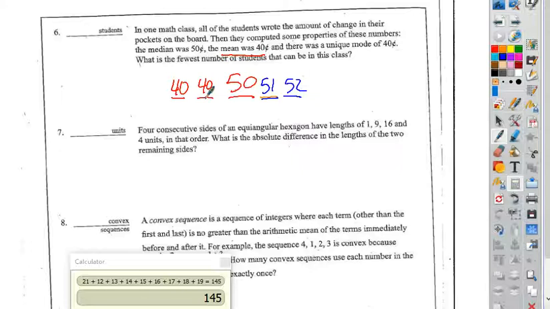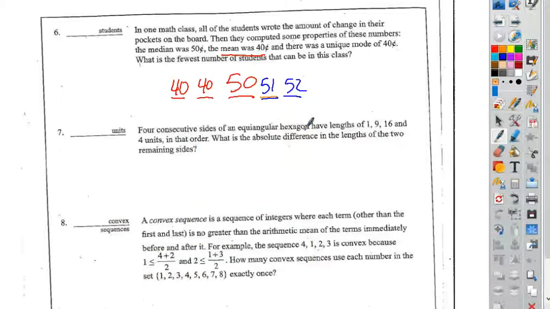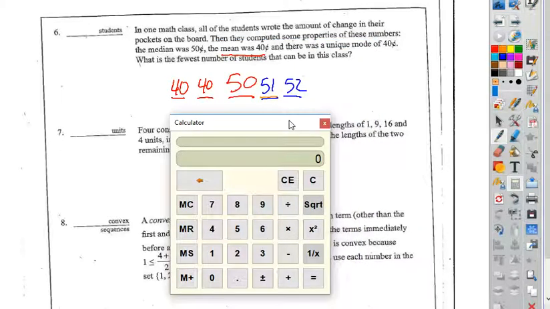So at this point, let's go ahead and figure out what the mean is here, right? So I have 80 plus 153, and I have 5 numbers, and that's not even close, right? It's way too high.